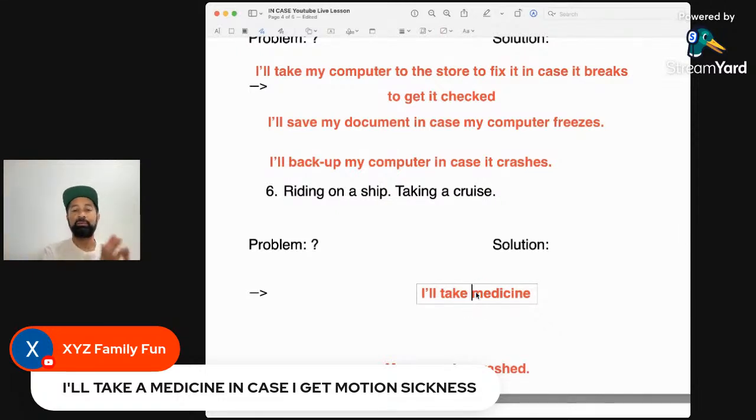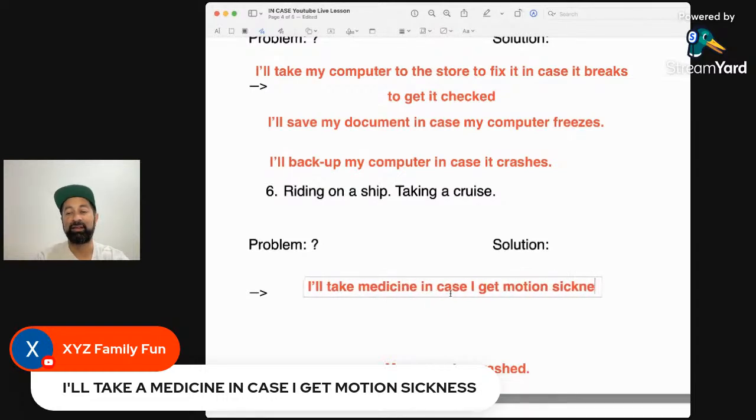So we must remove the word a. I'll take medicine. And that's your solution. What's the problem? Motion sickness. So I'll take medicine in case I get motion sickness.